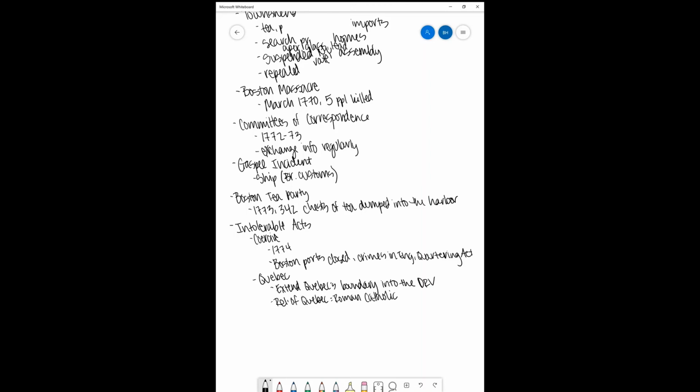And so when you add all these different acts and taxes and colonial sentiment of their sense that they were losing their freedom of press, their freedom of religion, their freedom of the right to assemble, their self-governments and stuff like that, you get to the boiling point of actually going to war.